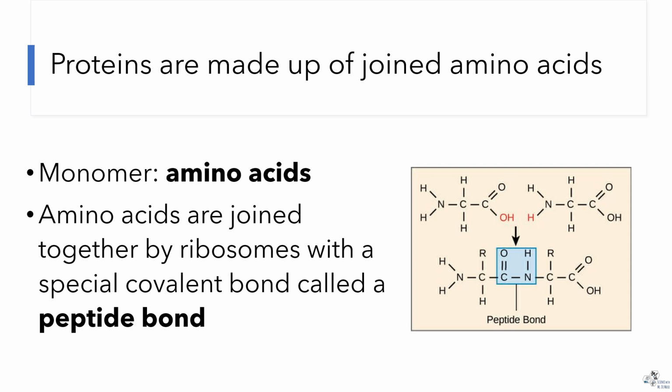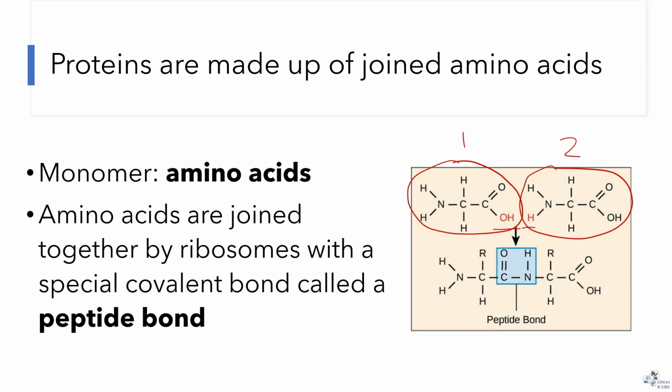So, as I said, the monomer, the single unit, that little green tic tac, is the amino acid, and they're joined together by a special cell structure called a ribosome, and they form a covalent bond that we call the peptide bond. So you can see here, this is one amino acid, and this one here is the second.